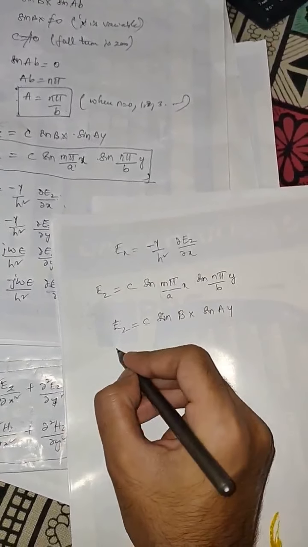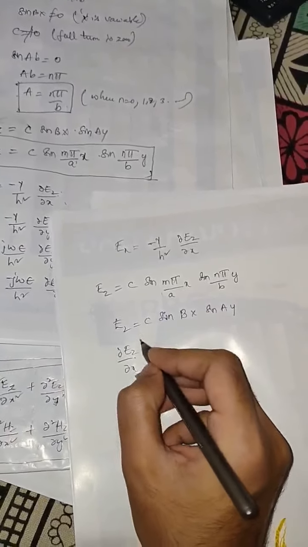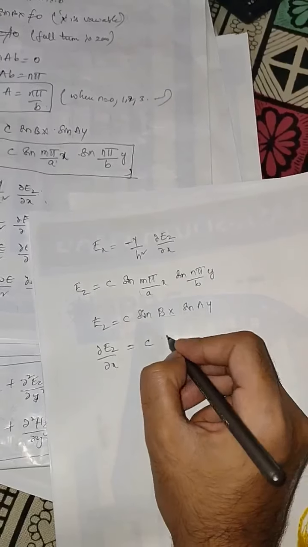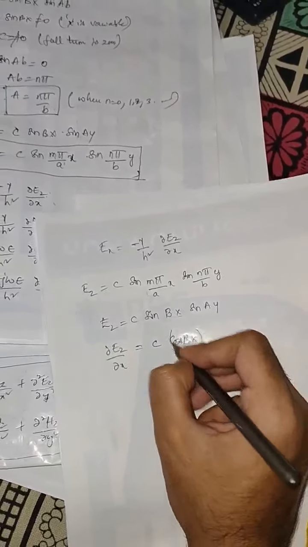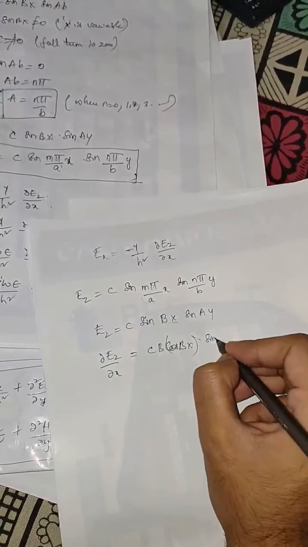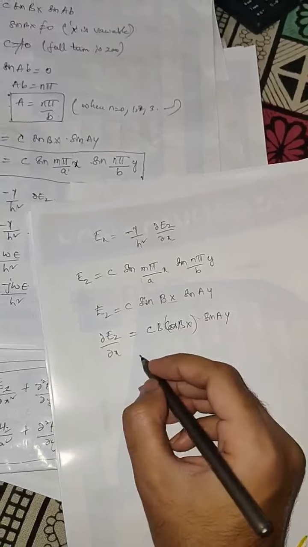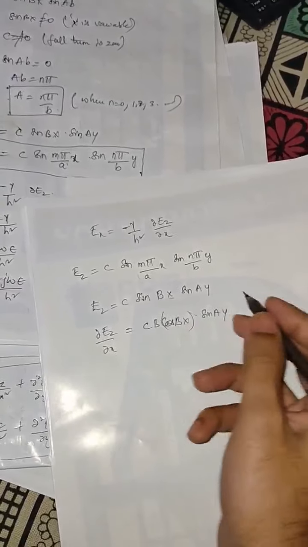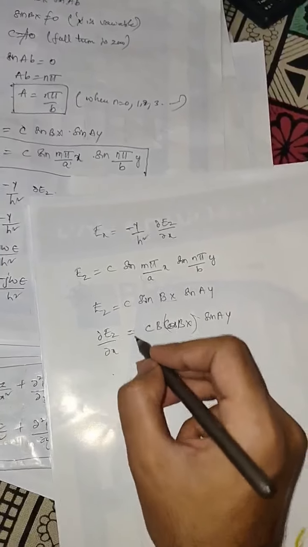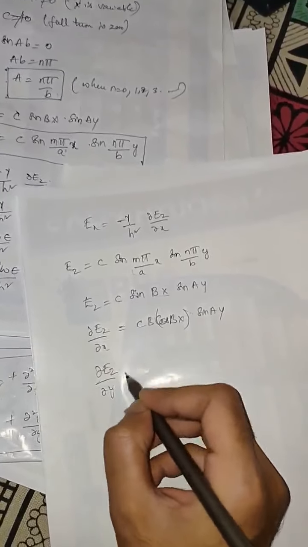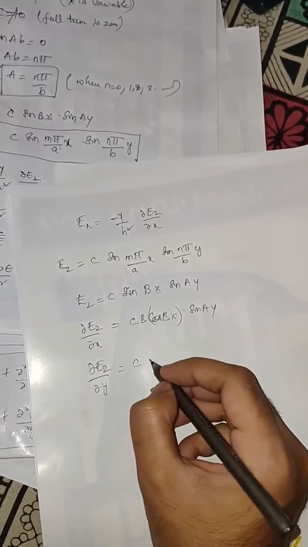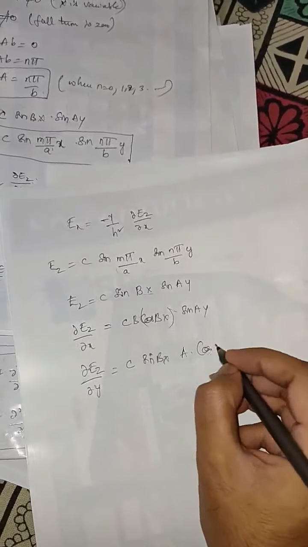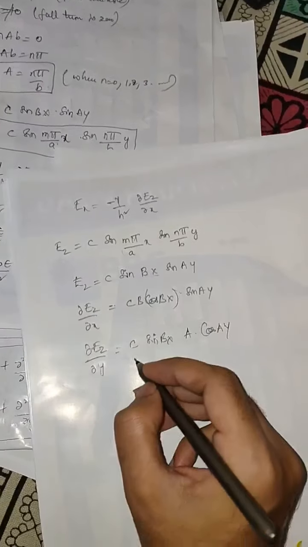Now differentiate with respect to x. So you get C times cos bx multiplied with b, times sin ay. So this is the formula for del Ez by del x. And again I want to differentiate with respect to y. So del Ez by del y can be written as sin bx multiplied with a cos ay. Okay, so this is the formula.